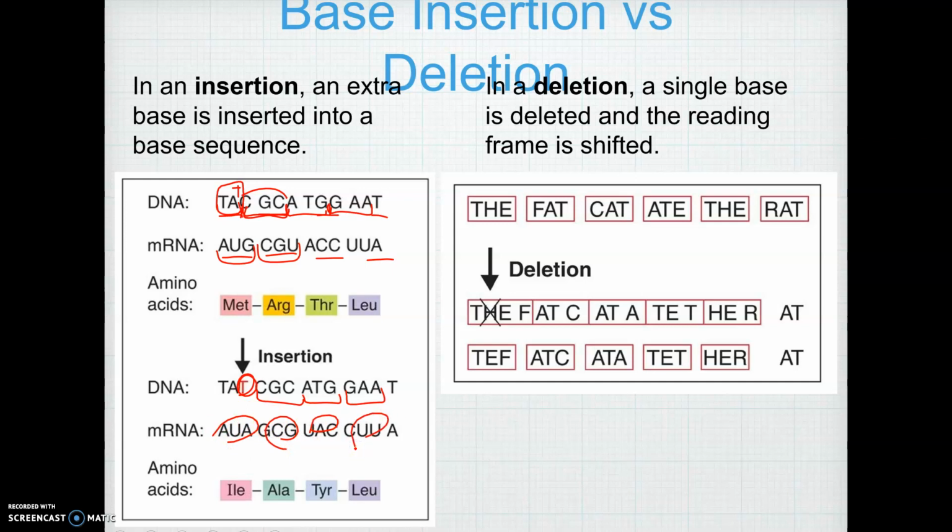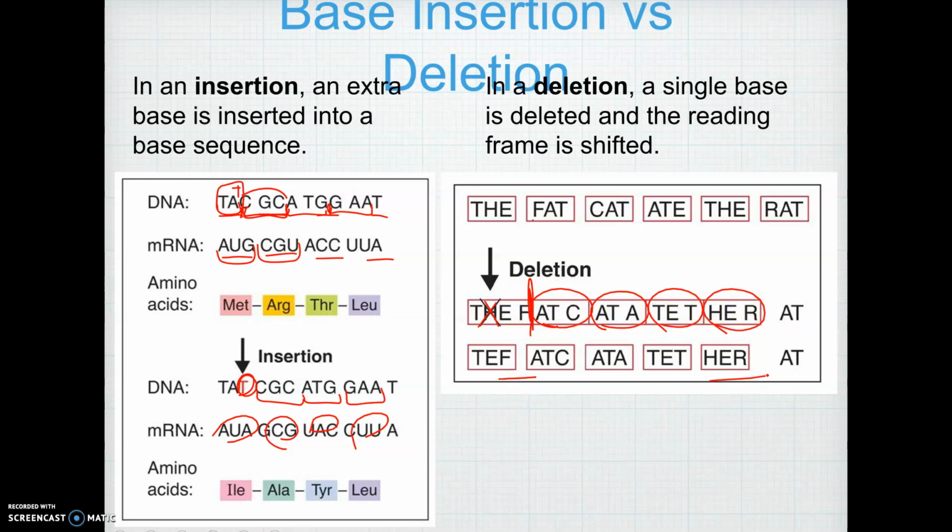But take a look at this sentence. I think this really explains it. The fat cat ate the rat. If I delete the H, but I still read it 3 letters at a time, look what happens. Now the F from fat becomes the 3rd letter here. And now this is my 2nd set, this is my 3rd set. Every single word is completely wrong.